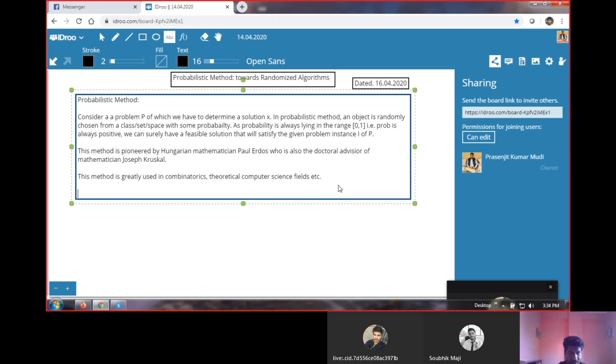To understand the probabilistic method, let us illustrate with the help of an example. One very popular example of the probabilistic method is the max cut problem.